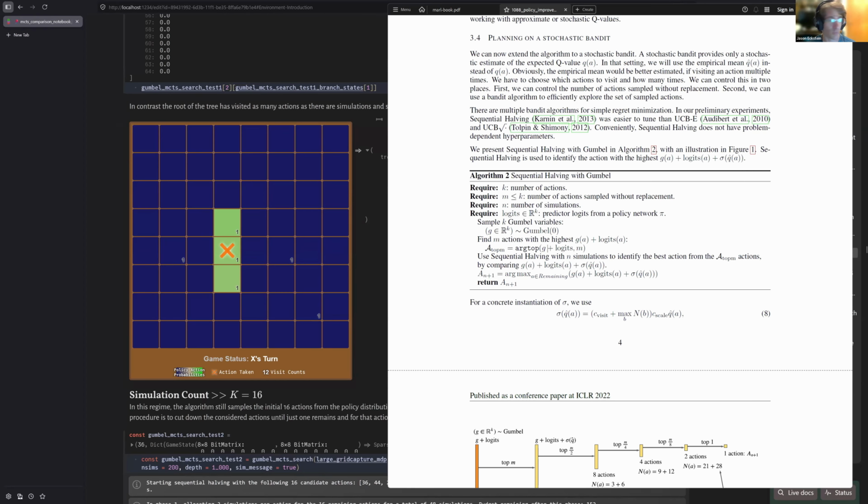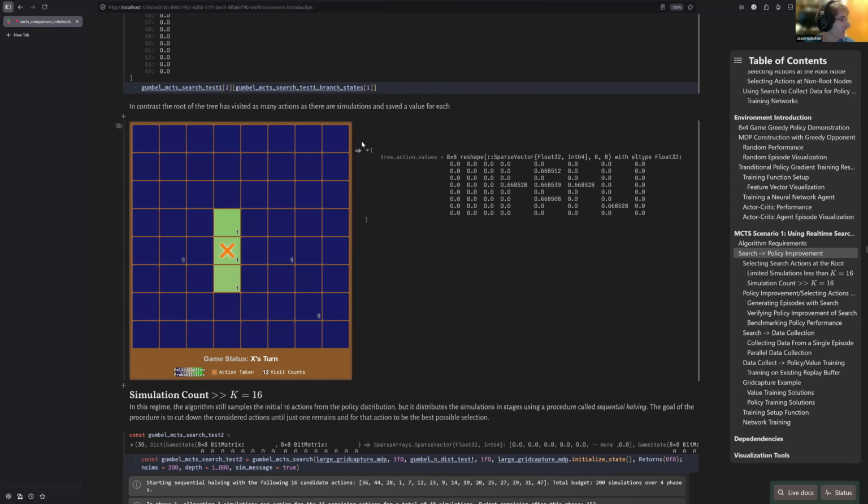So when this algorithm is running with only 6 simulations, the only thing it's doing is looking at this policy distribution and selecting 6, or however many we tell it can, of these actions to look at. Then from these 6, it evaluates the value function at the transition. So it's kind of like doing a 1-step look ahead and then bootstrapping that value. And then it's selecting the best action value it got from that.